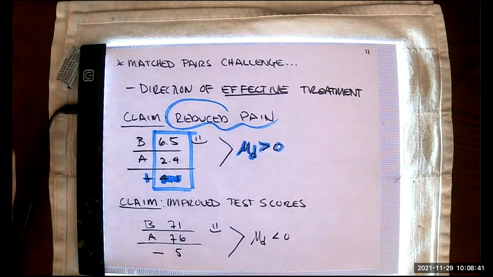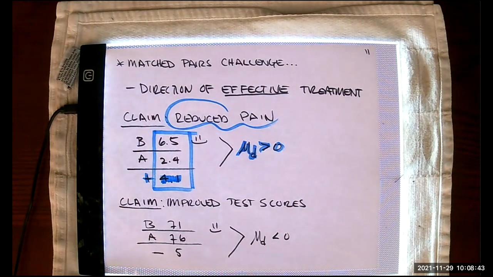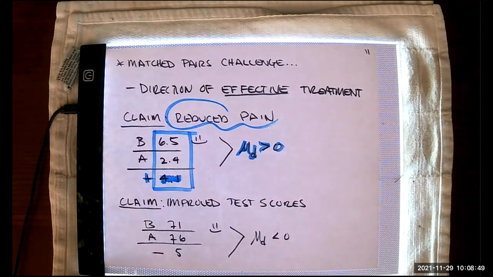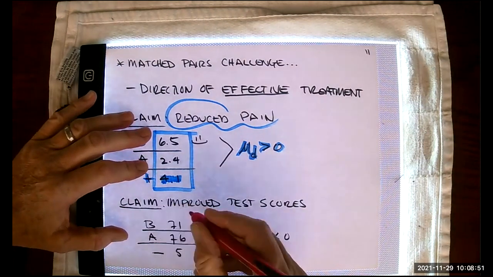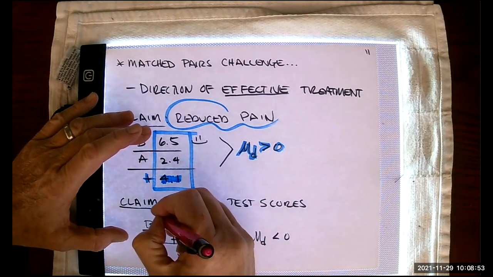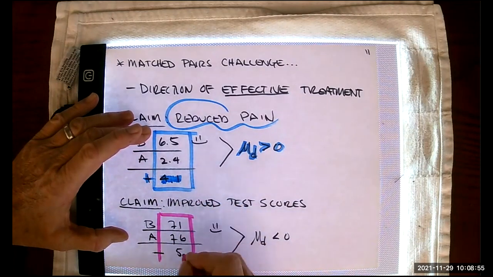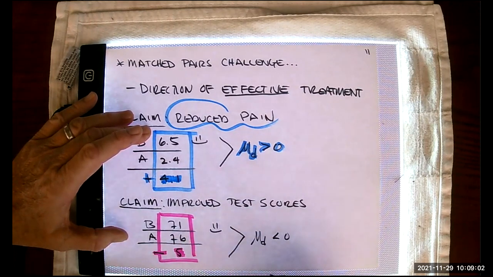the mean of the differences should be greater than 0. On the other hand, that earlier example we looked at, improving test scores, this one also was a good outcome, and we ended up with a negative difference.